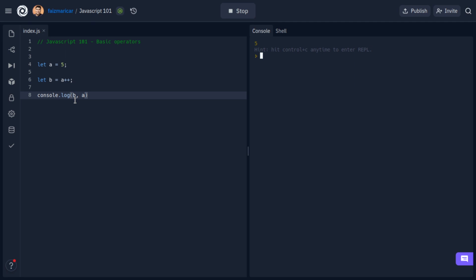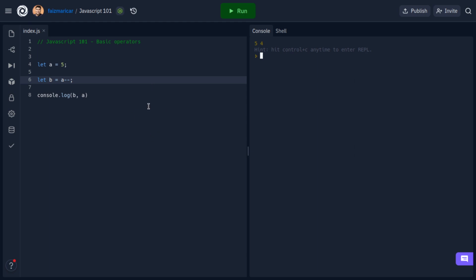So if you log b and a, you get 5 and 6. So that is basically the incrementation. It also works with minus, so that's also decrementation. And so I'm going to end the video here.